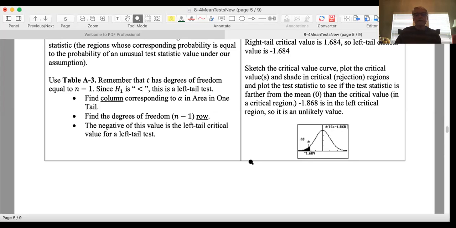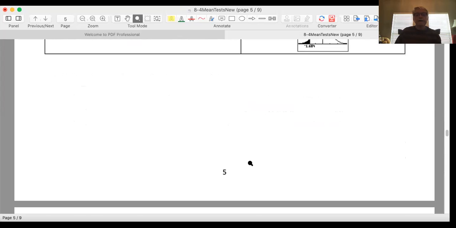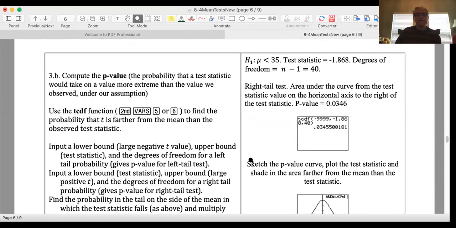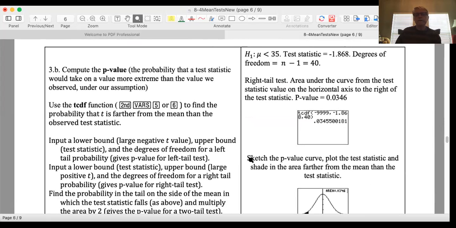Let's look at the next thing in step 3, and that is the p-value. Remember, you can use one or the other. You don't have to use both unless you're specifically asked for one of them. The p-value approach is again finding a probability, finding the area underneath the curve farther away from the mean than the test statistic.